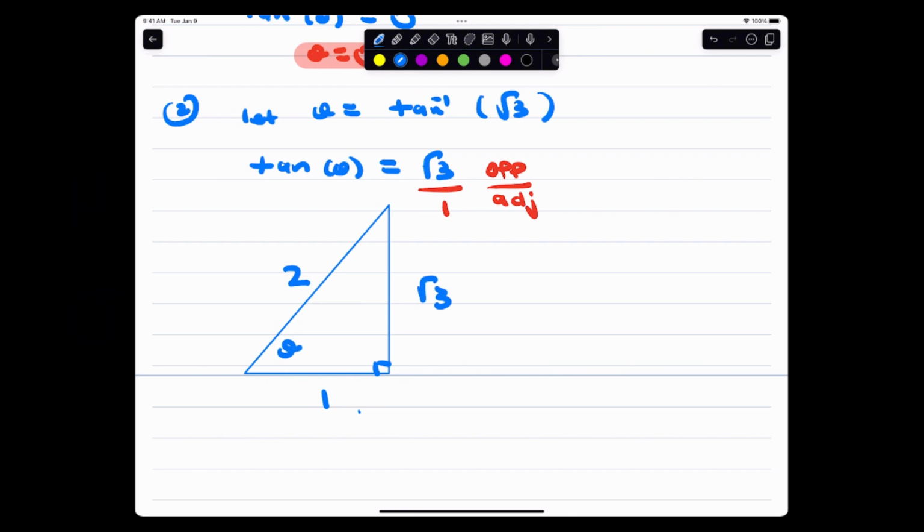All right, folks. What special triangle is this? This is a 30, 60, 90, is that right? What is theta? Theta is going to be 60 degrees, which is known as pi over what? Pi over 3.